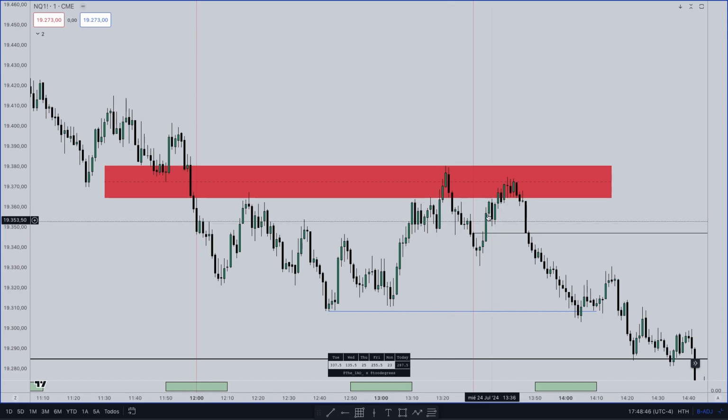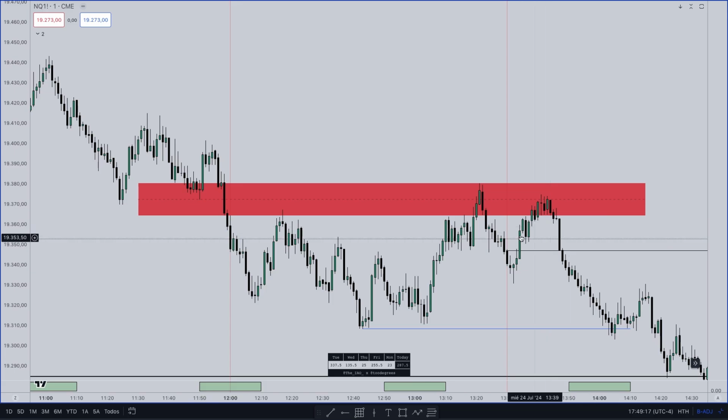I like to wait when I'm expecting a retracement like this, until we have a change of the state of delivery of price on this side. I don't like to just short on this PD array. I like to wait to see if we run these highs, because you really don't know.